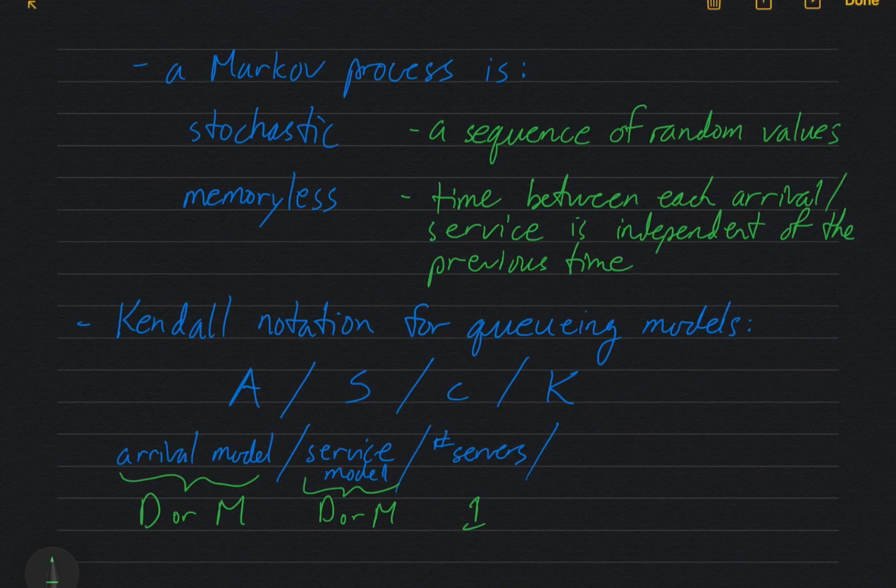There have been equations developed for multiple servers. And then k is the queue length. So if you don't specify a queue length, then it's assumed to be an infinite length queue. When we get to modeling bounded buffers, then we need to use a specific queue length, and we'll get to that.